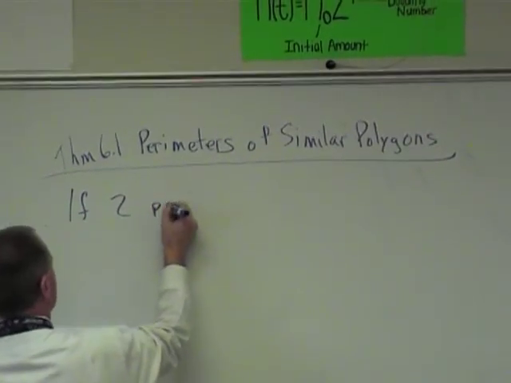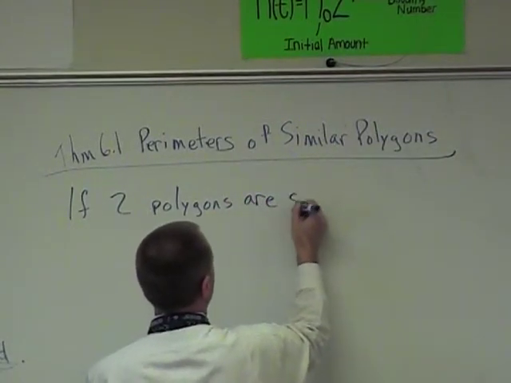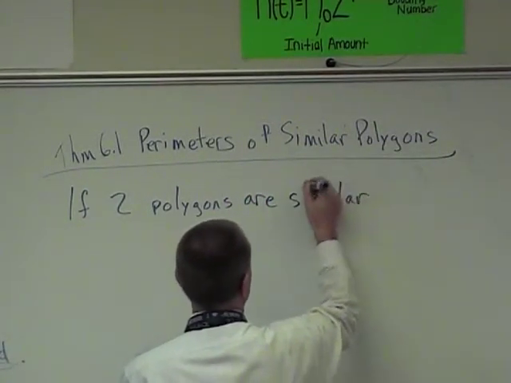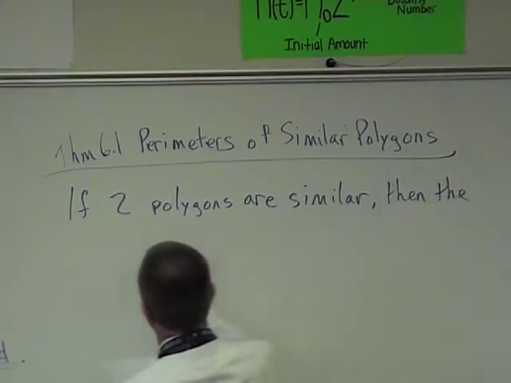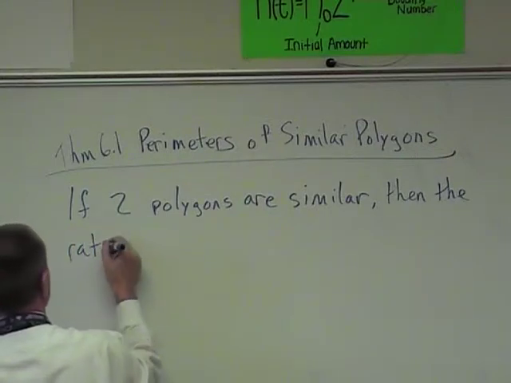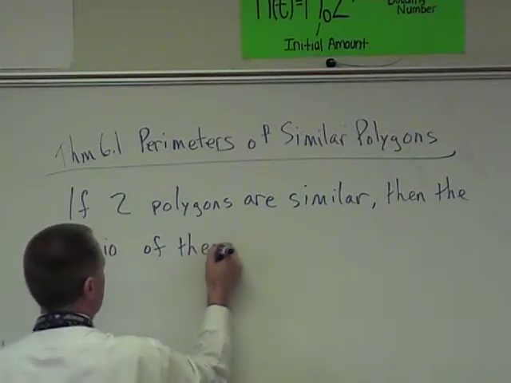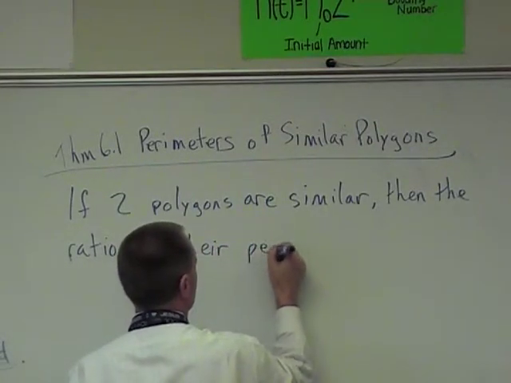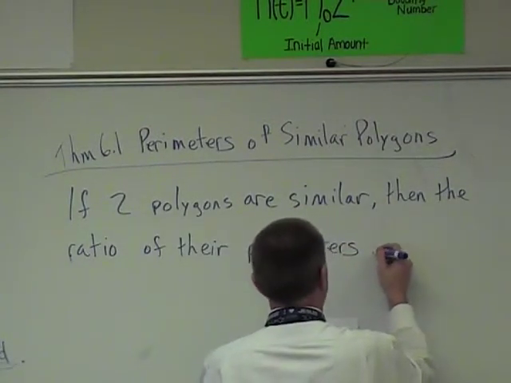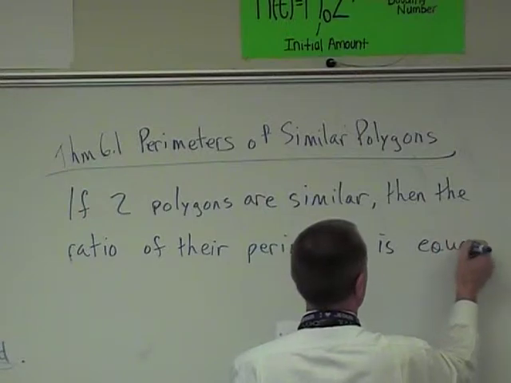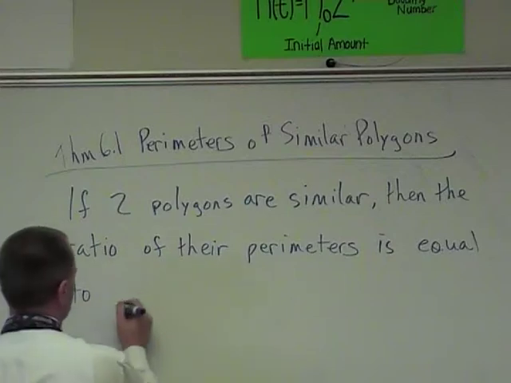If two polygons are similar, then the ratio of their perimeters is equal to the ratios of their corresponding side lengths.